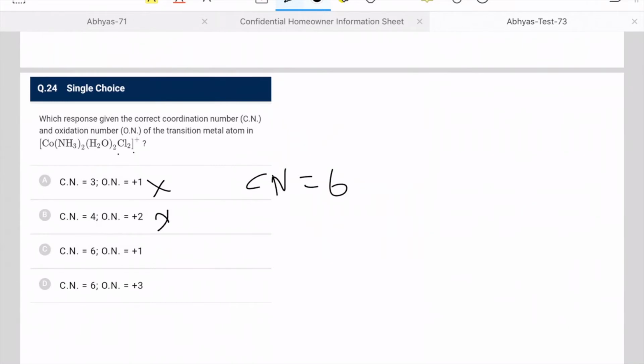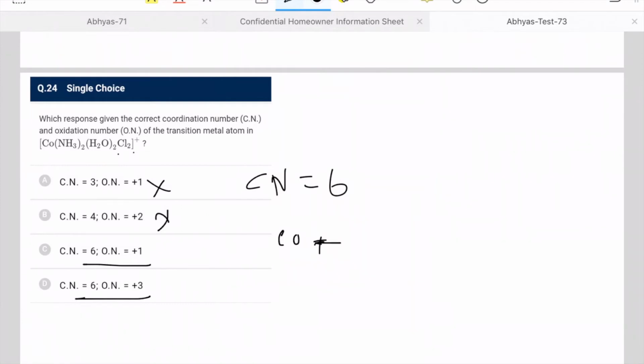Either of the two should be selected. Here, for the oxidation number, ammonia is a neutral ligand, and H2O is also a neutral ligand. Only Cl will be a negative ligand.